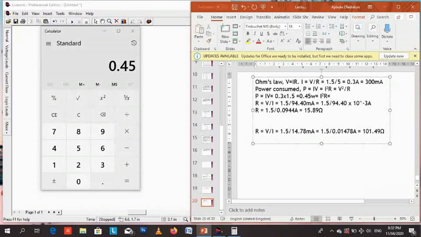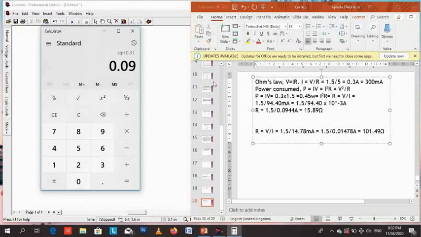If we had used I squared R instead, it would have been the same. Our current is 0.3, so 0.3 squared multiplied by R. 0.3 squared is 0.09, multiplied by R, which is 5 ohms for the 5 ohm resistor. 0.09 multiplied by 5 is 0.45.